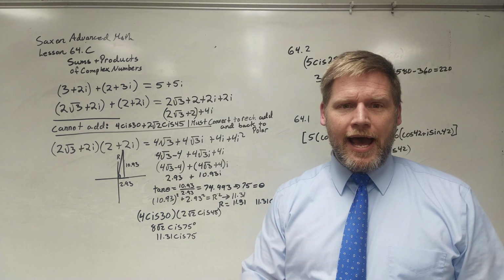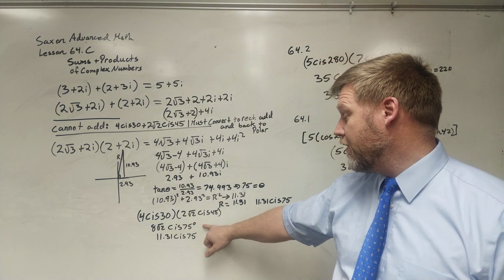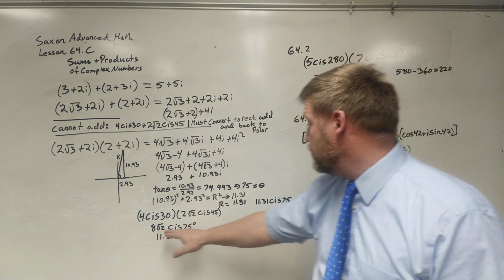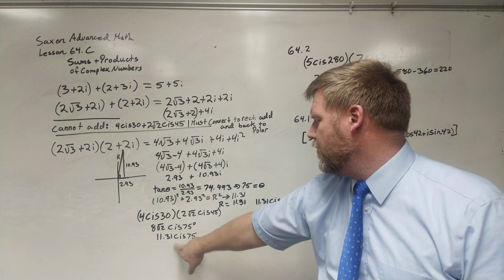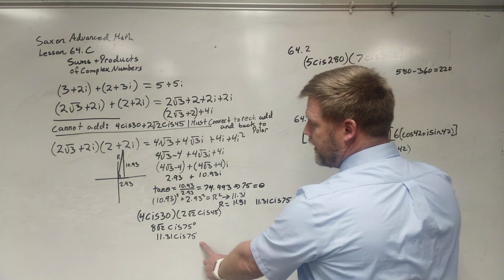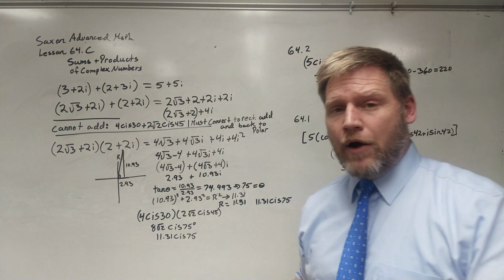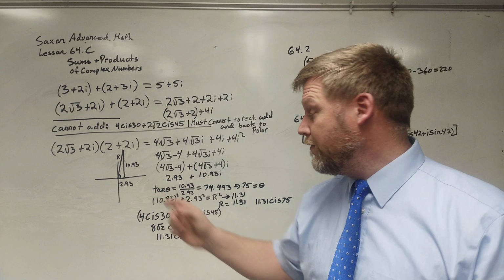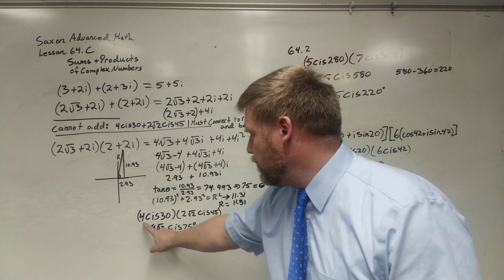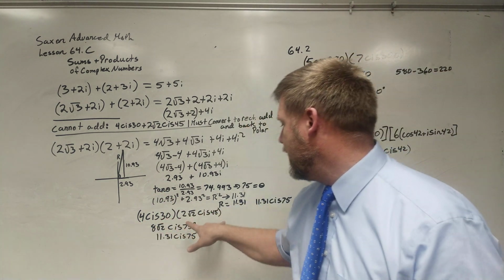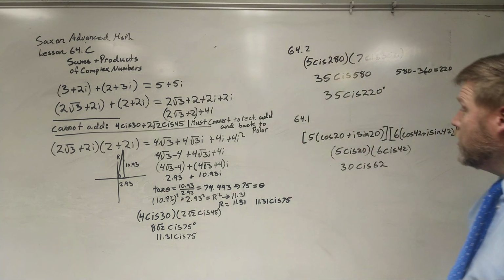I simply add the angles. That gives me 75. If I did 8 root 2 on the calculator, I get 11.31 CIS 75. Look at that. It works out really well. So when I'm multiplying polar format of complex numbers, I'm simply multiplying the coefficients and adding the angles.